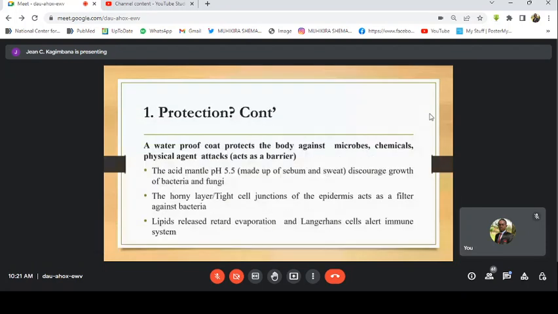This role, again, is seen, well, we have the skin, the epidermis, of course, as a waterproof coat, which protects the body against microbes, chemicals, and physical agents' attack. And you know that our skin contains billions of organisms, which normally live with us in a symbiotic mode.